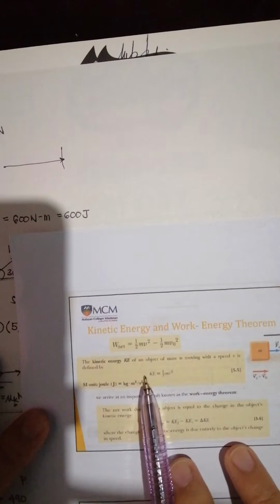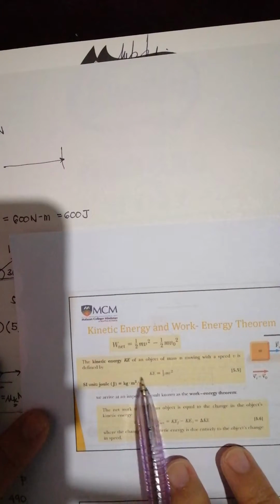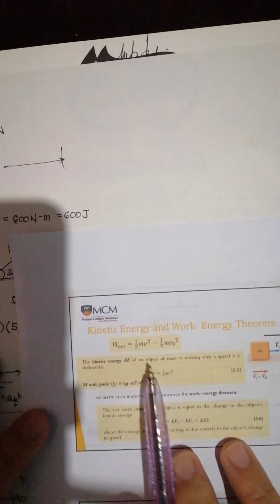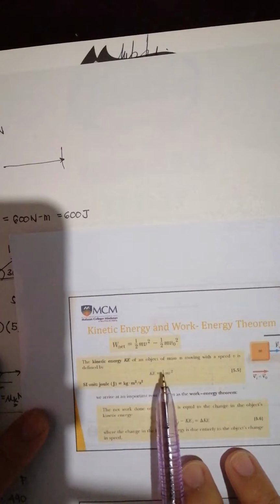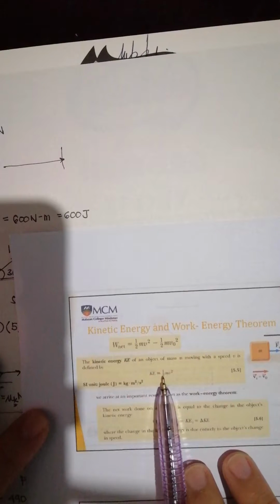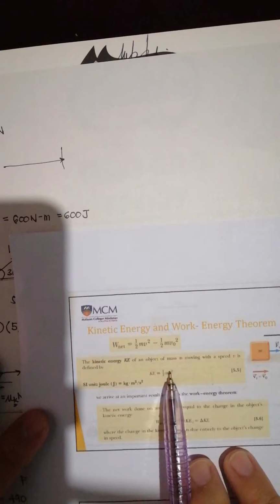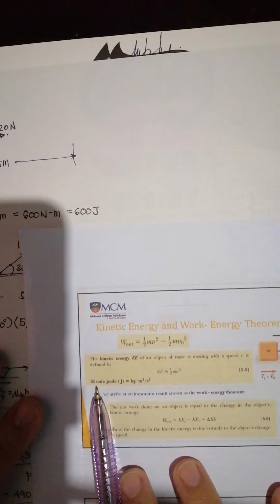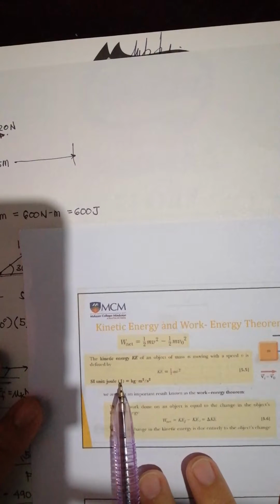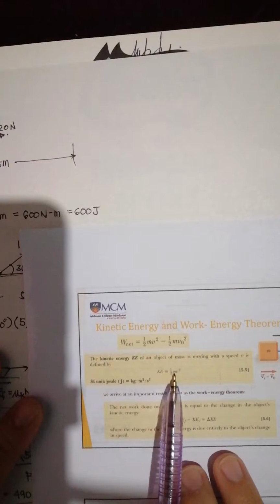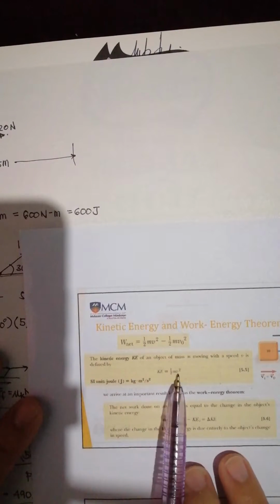Due to the velocity of an object with mass m, there is kinetic energy produced on that object. It is equal to 1/2 mass of the object times velocity of the object squared. The unit for kinetic energy is still joules, because that is kilograms times meter squared per second squared.